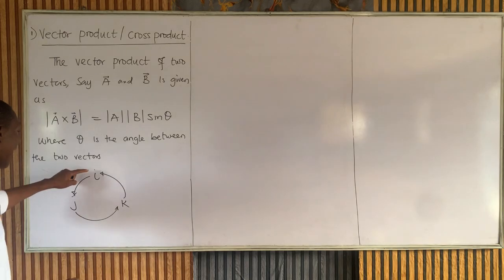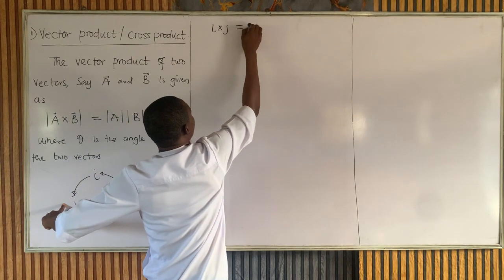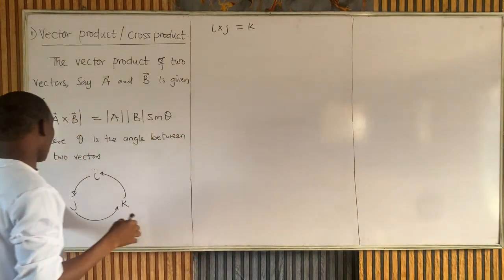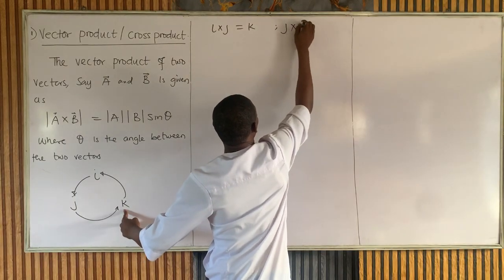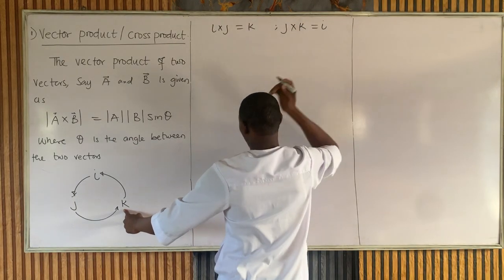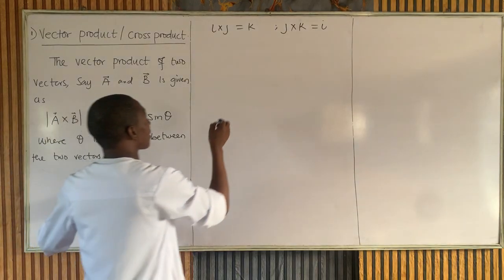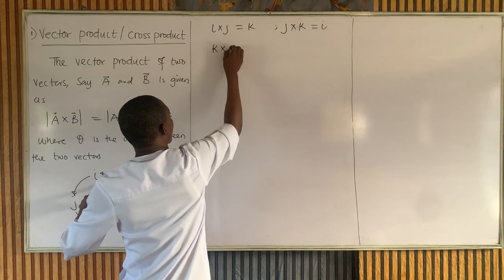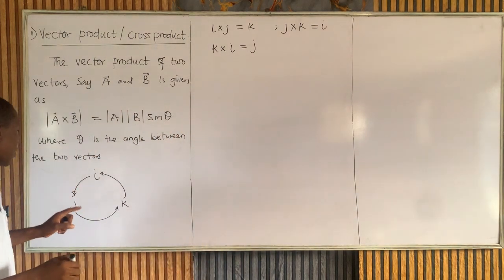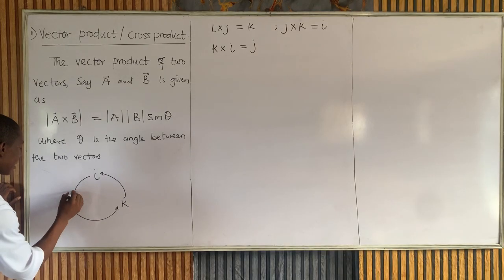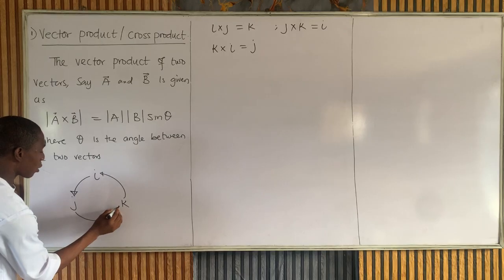You see, we have it that I cross J will give us K. And then J cross K would give us I. And then K cross I will give us J. Now, mind you, this is going like this, in an anti-clockwise manner.